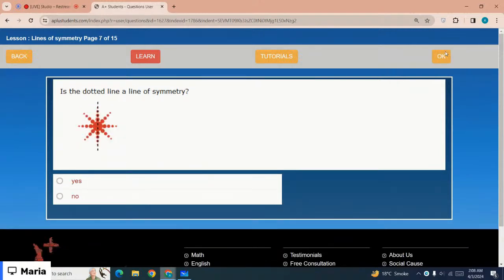Is the dotted line a line of symmetry? The correct option is yes. The dotted line is a line of symmetry. The correct option is yes.